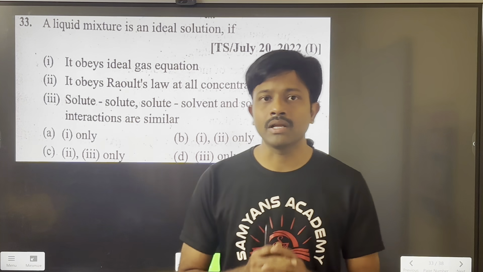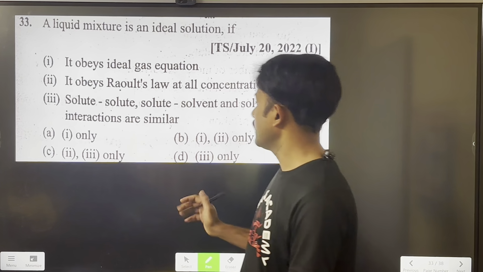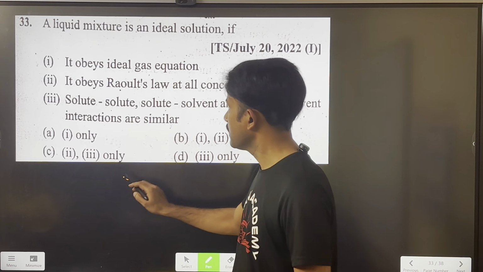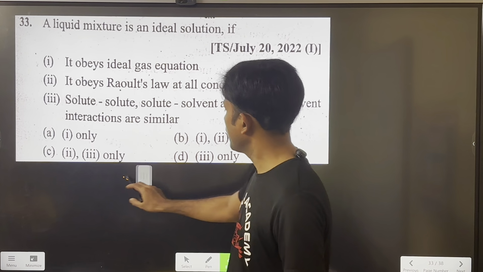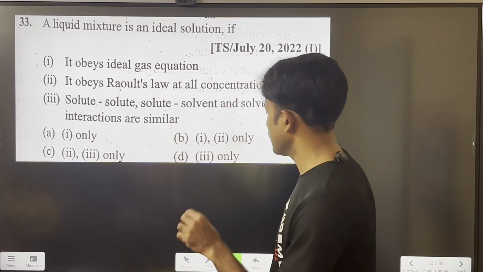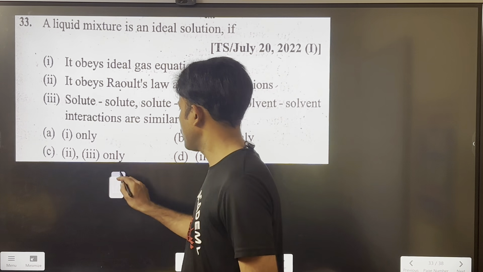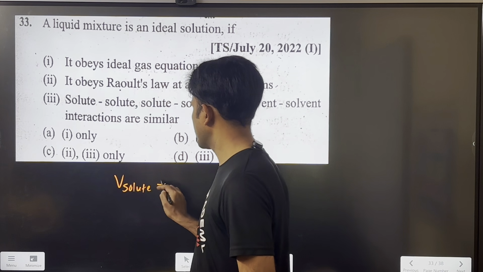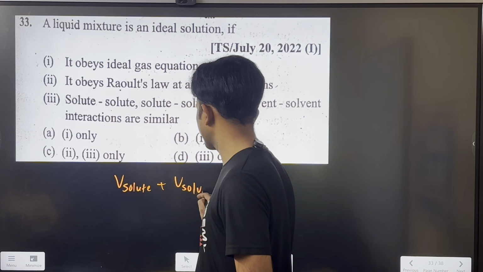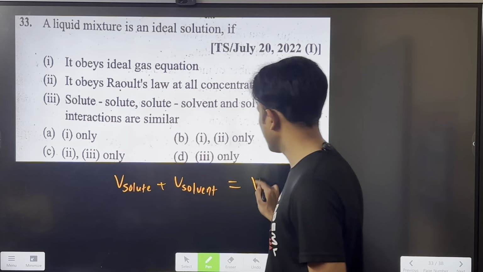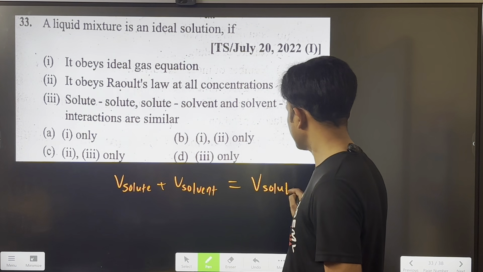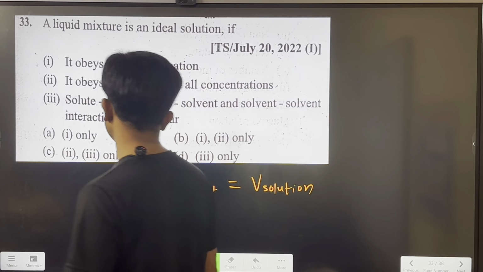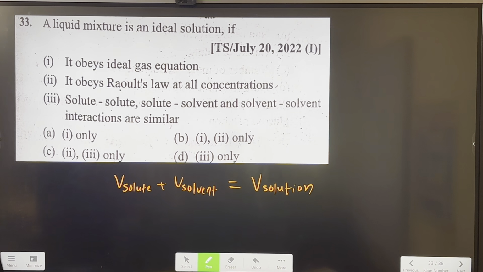So when will you consider a mixture an ideal solution, and when does a mixture obey Raoult's law at all concentrations? You consider this when volume of solute plus volume of solvent is equal to volume of solution, then it is an ideal solution. And also it obeys Raoult's law at all concentrations, right?